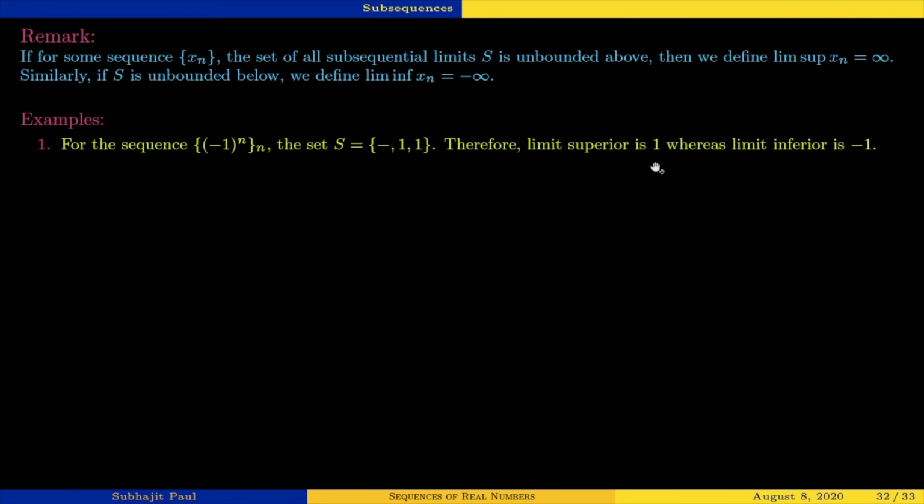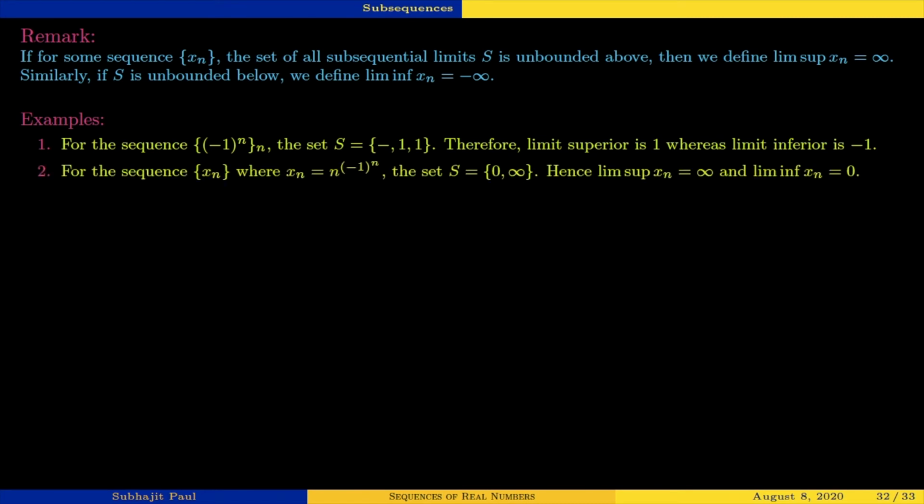Therefore, limit superior is supremum of S, that is the maximum of S, that is 1, and limit inferior is infimum of S, that is the minimum of S, that is minus 1.